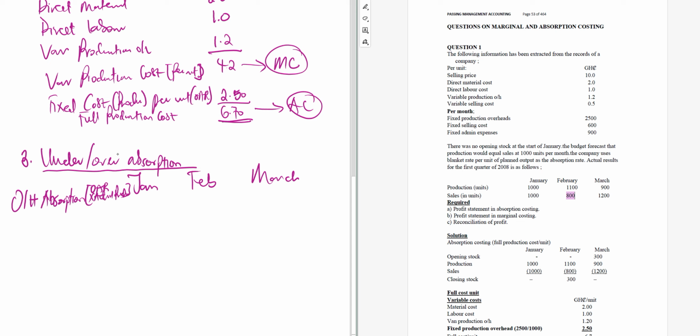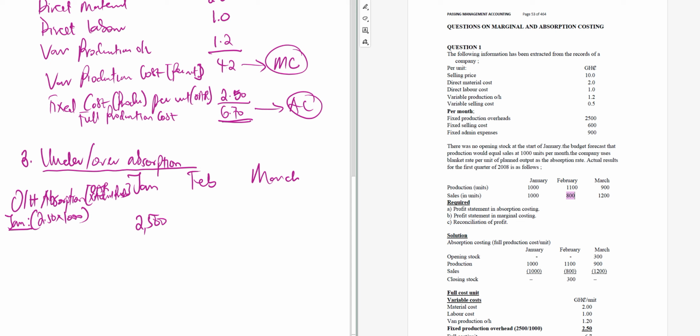For January, our OAR was 2 cedis 50 pesos per unit, times actual units produced during January, which was 1,000. That gives us 2,500 as our overhead absorbed.